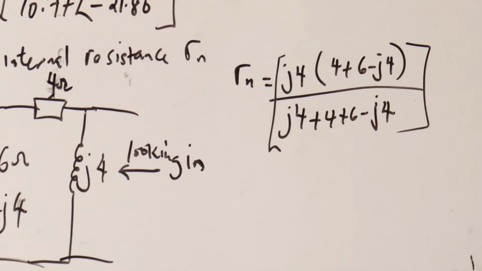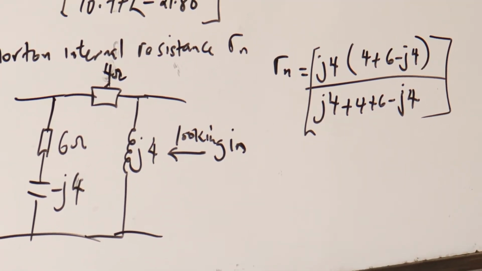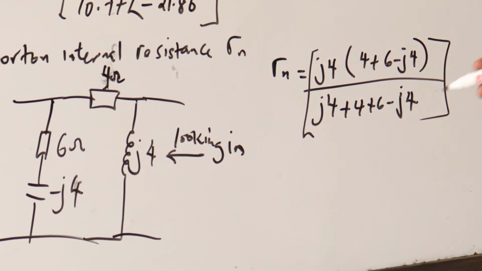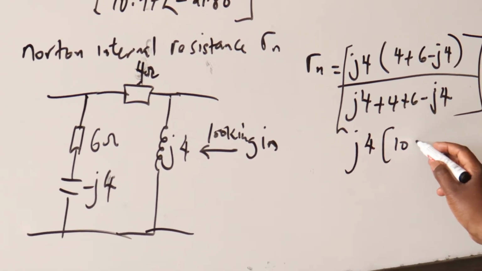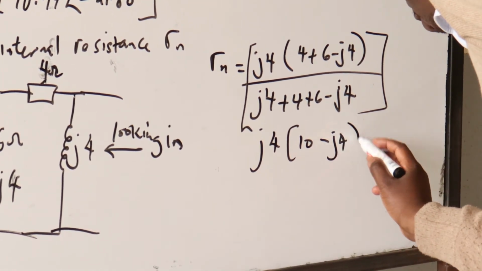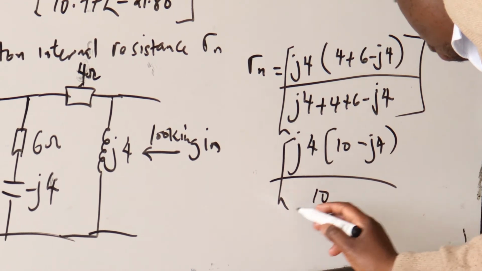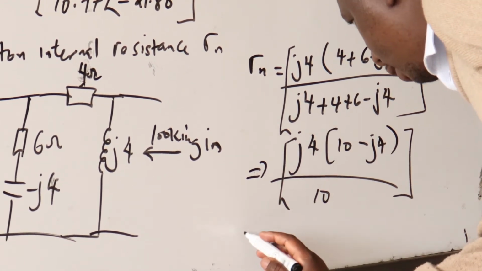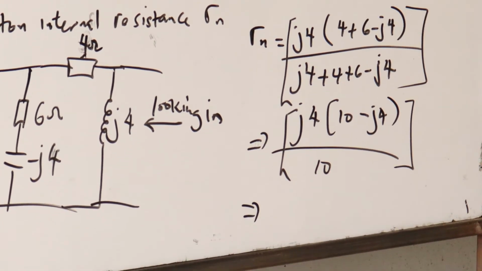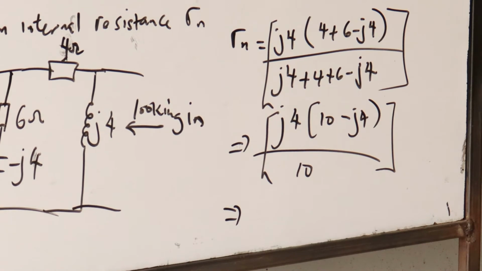When you look at that critically, we shall have 10 minus j4 in the numerator, and the denominator shall have only 10, because you just have to divide.